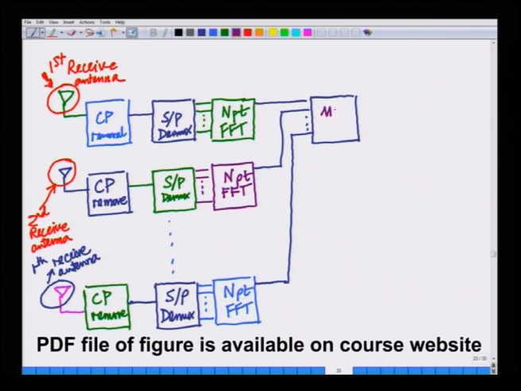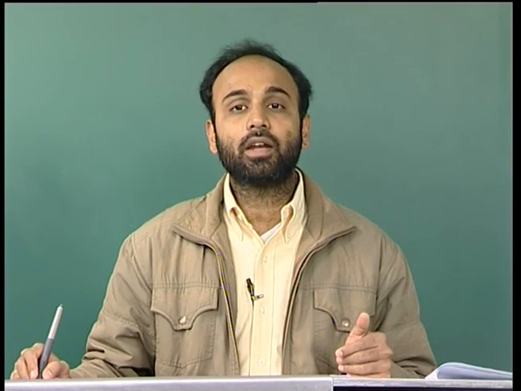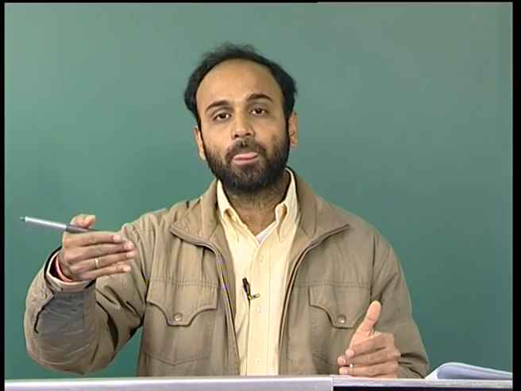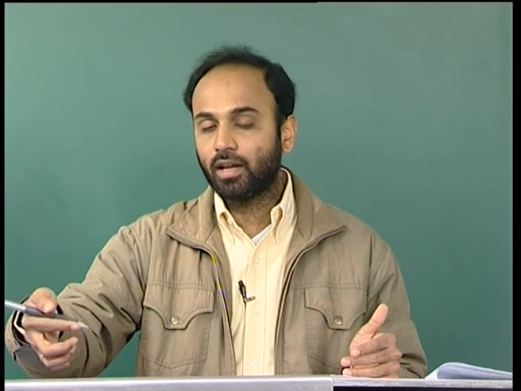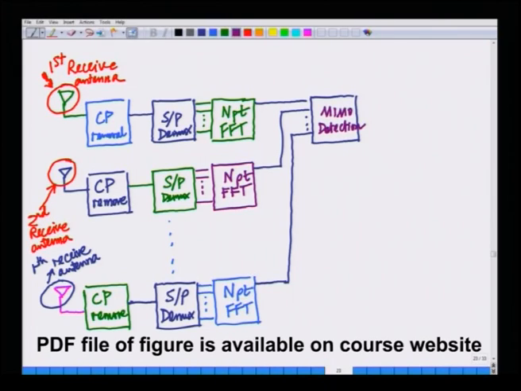So, what I am doing now is MIMO detection for the first subcarrier. Remember, each subcarrier is now a MIMO system. So, I will collect from all receive antennas the received symbols corresponding to the first subcarrier, and I will perform MIMO detection.